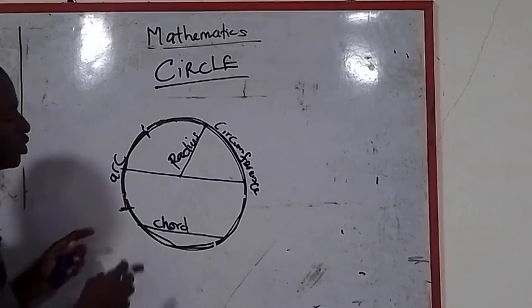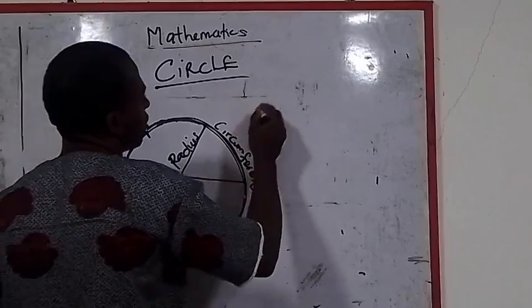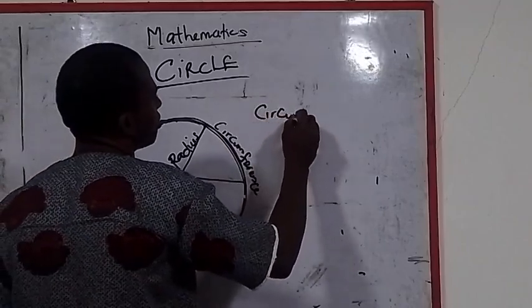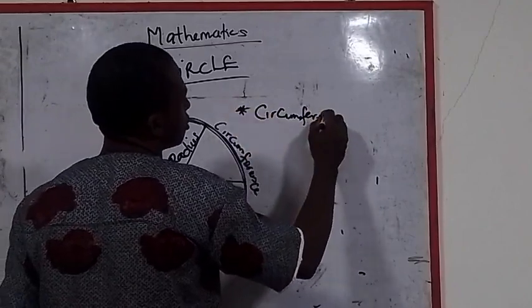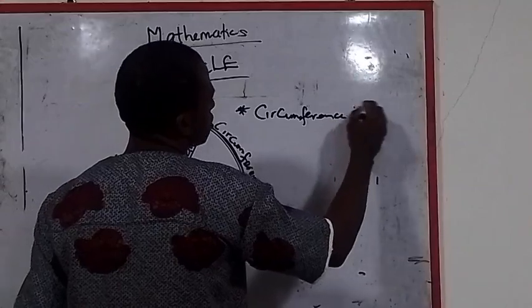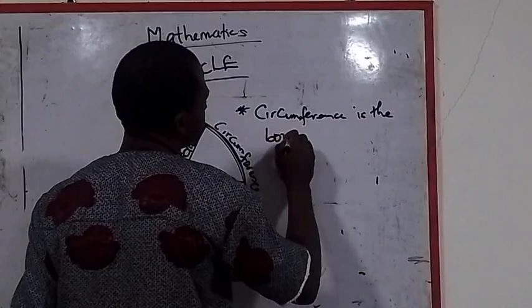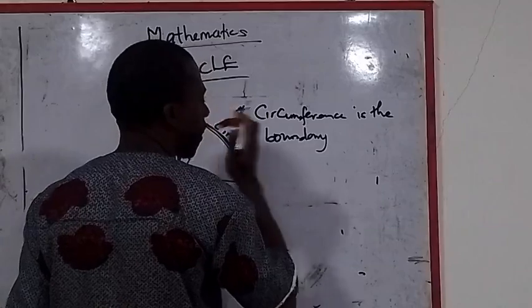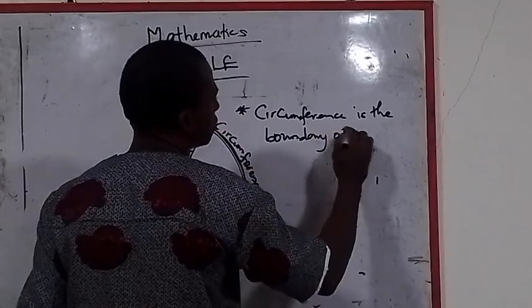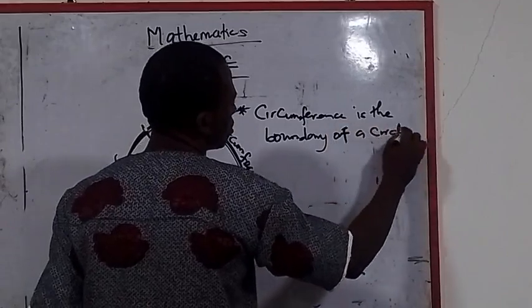First of all, I would like to define my terms one after the other. Circumference is the boundary of a circle.